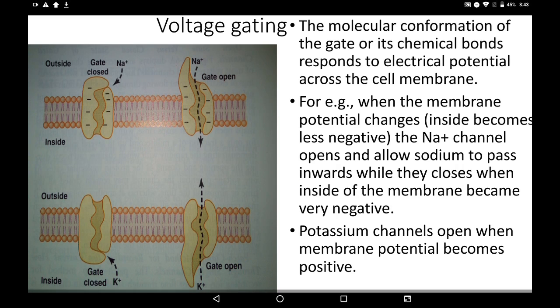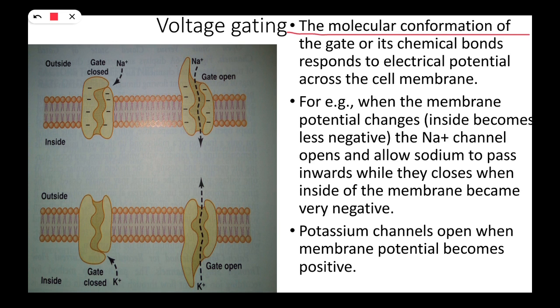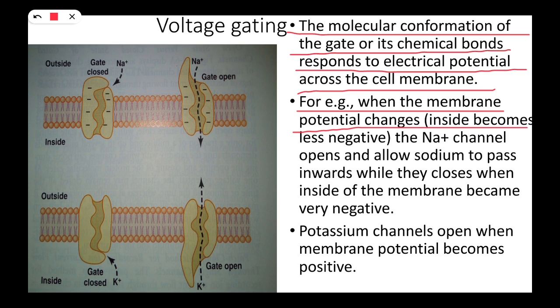In this voltage gating example, the molecular conformation of the gate or its chemical bond responds to electrical potential across the cell membrane. For example, when the membrane potential inside becomes less negative, the sodium channel opens and allows sodium to pass inwards, while it closes when the inside of the membrane becomes very negative, right?